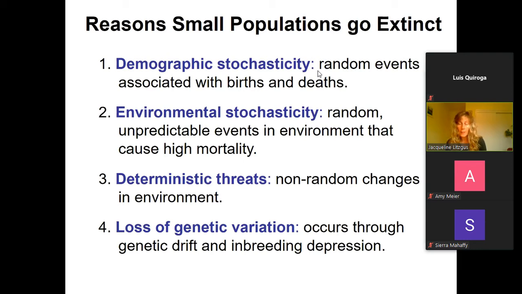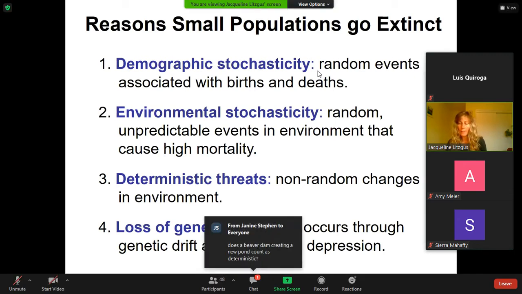Again, loss of genetic variation happens through this process of genetic drift that I mentioned, which is evolution that occurs because of changes in the alleles, right? And you tend to have, by chance, loss of alleles over time, which means limited genetic variation, and then fixation of alleles. So you just have low genetic variability in that group.